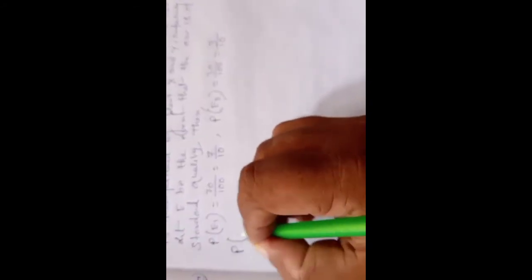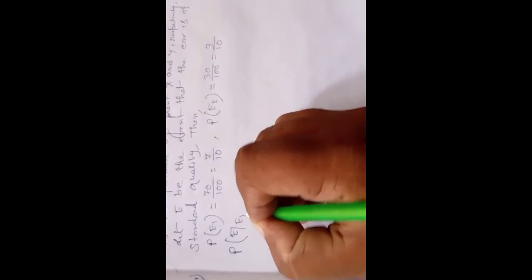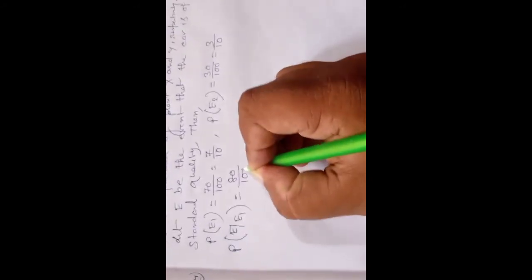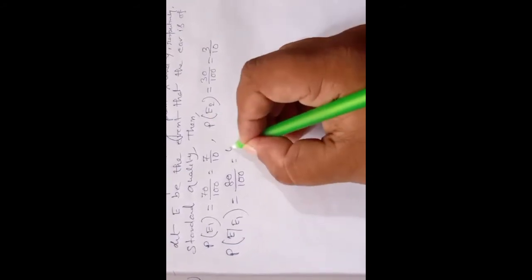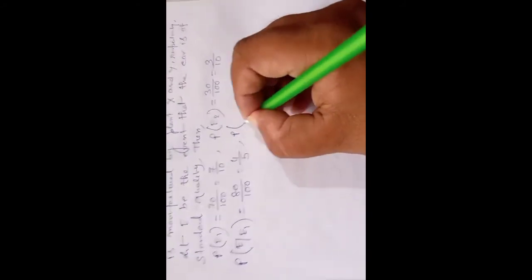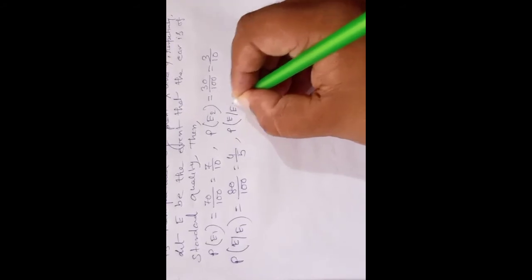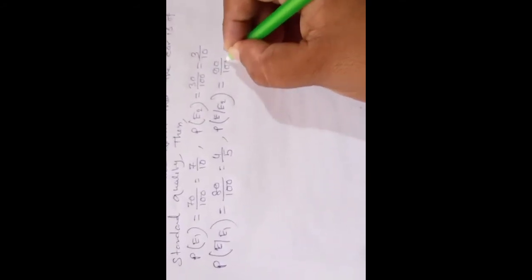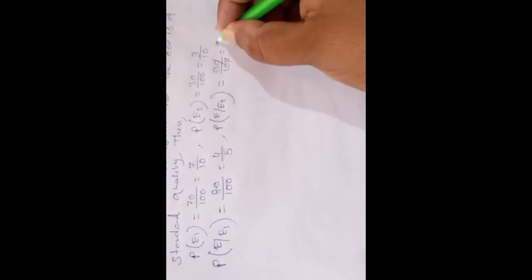Now the probability of E by E1 equals 80 by 100, that is 4 by 5, and the probability of E by E2 equals 90 by 100, that means 9 by 10.